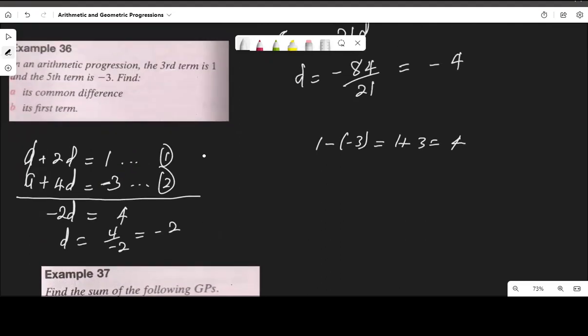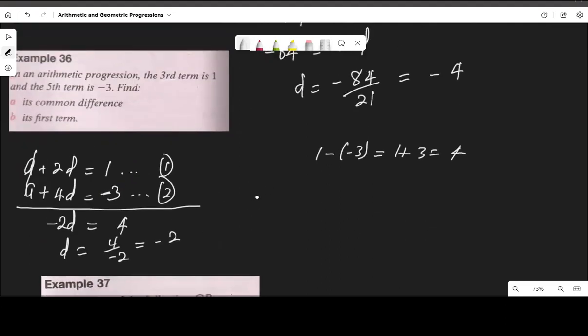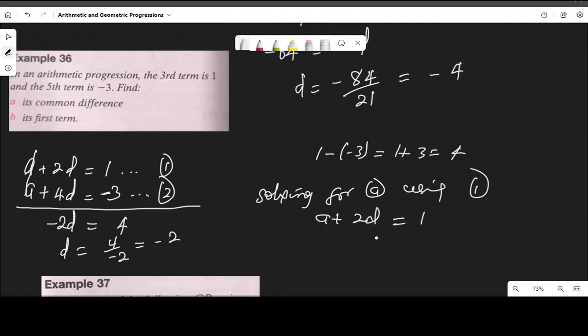So if D is minus 2, we can solve for A using any of the equations. Solving for A using equation 1. Equation 1 says A plus 2D is equal to 1. That means A plus 2 times D, which is negative 2, equal to 1.